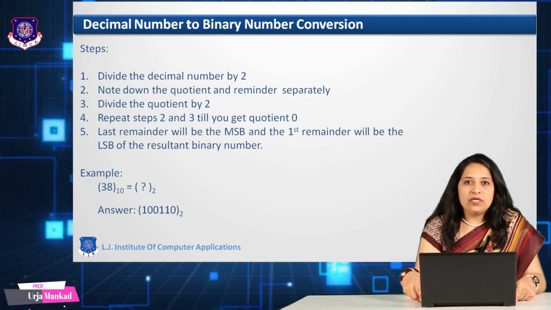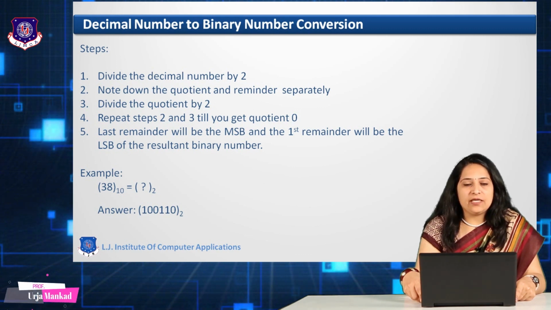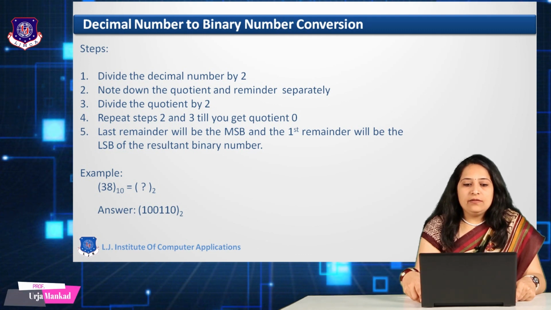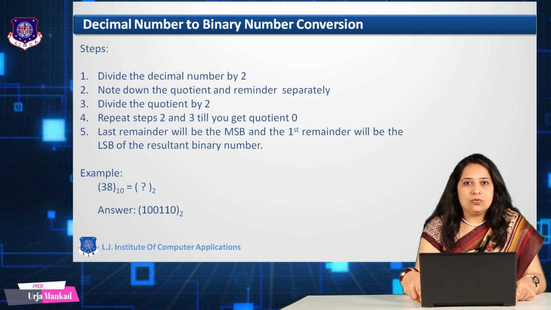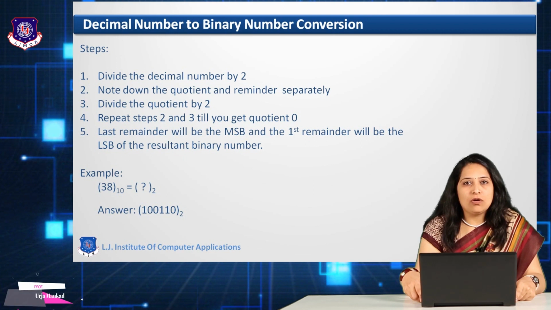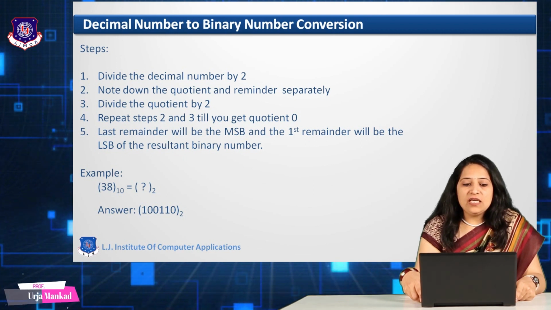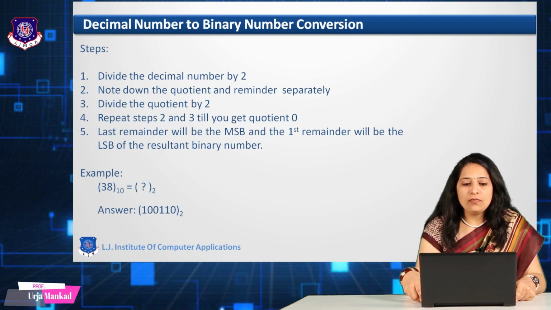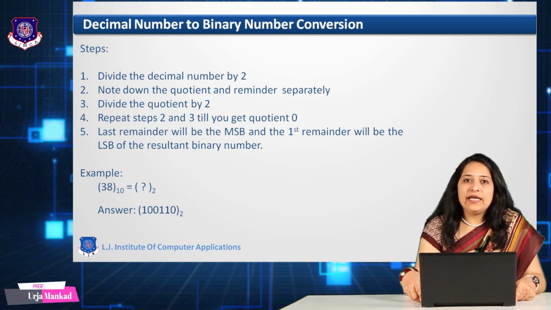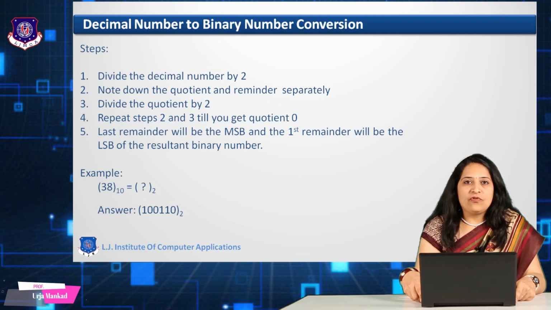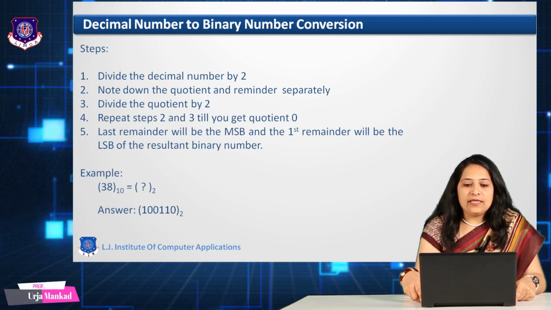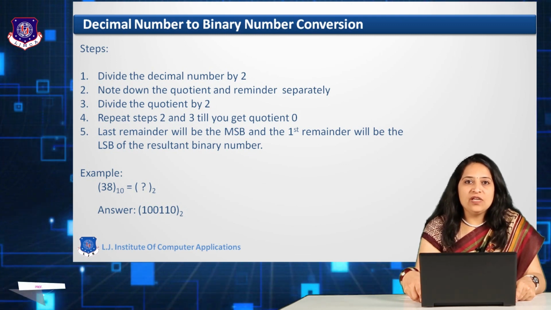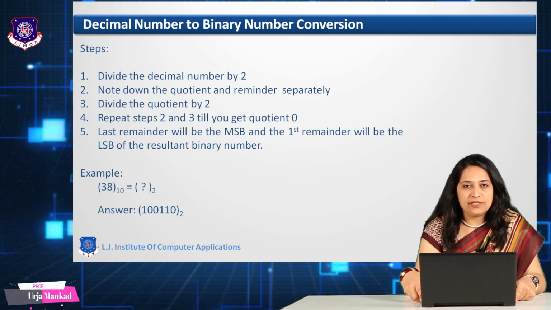So, we have to note down the quotient and remainder separately. Divide the quotient again by 2.